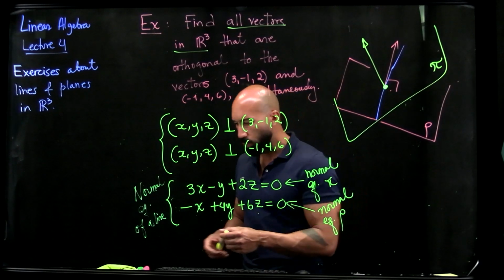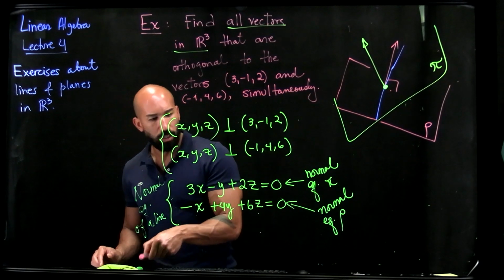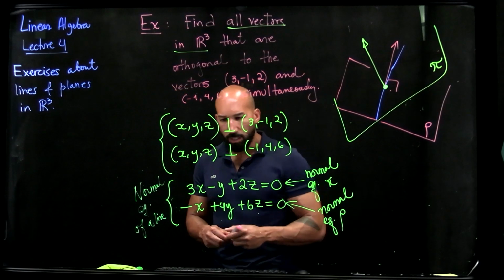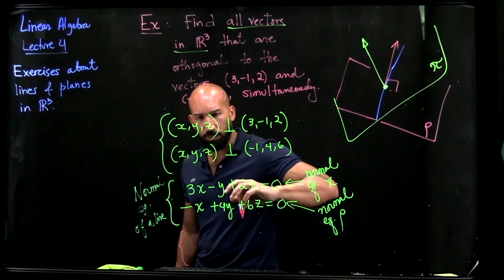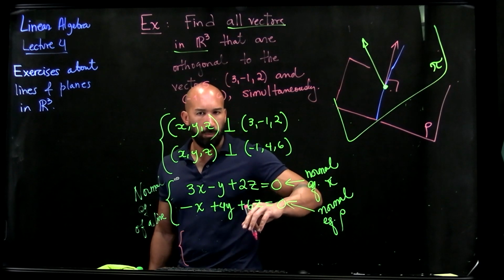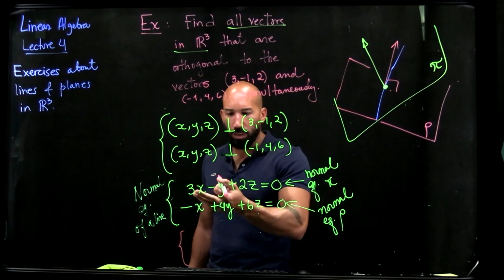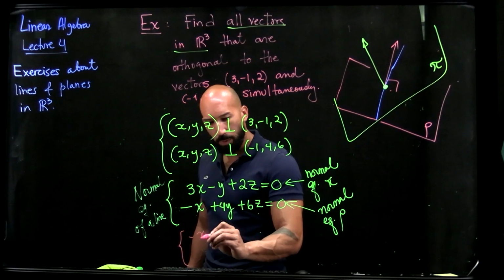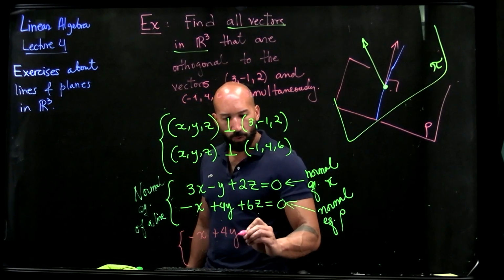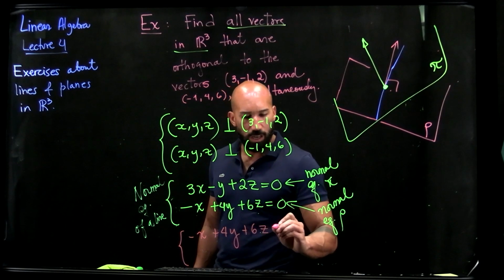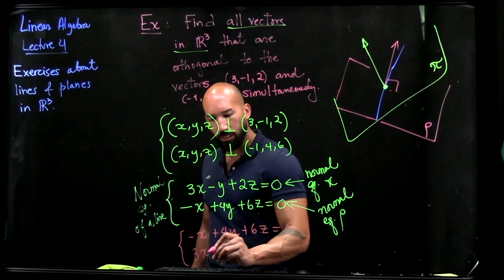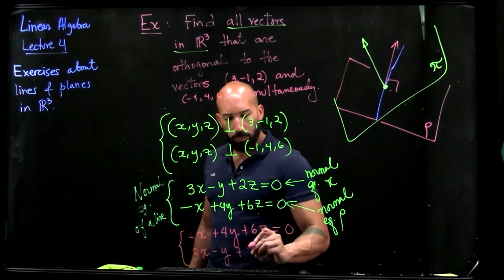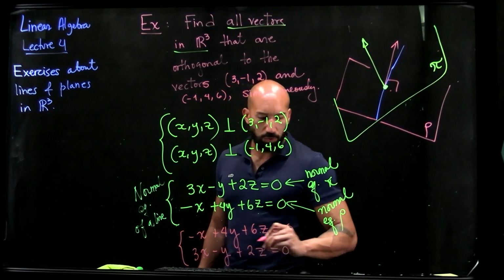Well, if you want that, the only thing that we need to do is to solve this system. It is not a problem. The solution set of this system is not going to be altered if we flip the equations. So I will write minus x plus 4y plus 6z equals to 0 as the first equation. I will put 3x minus y plus 2z equals to 0.